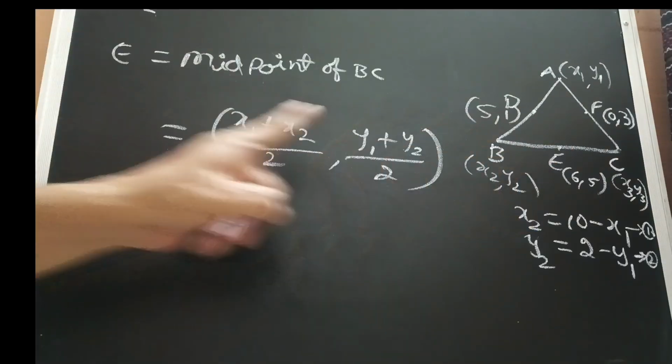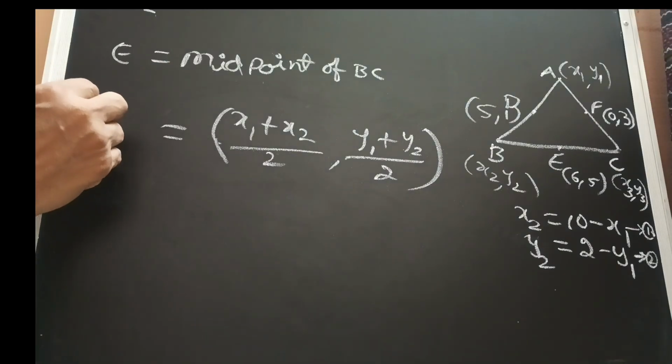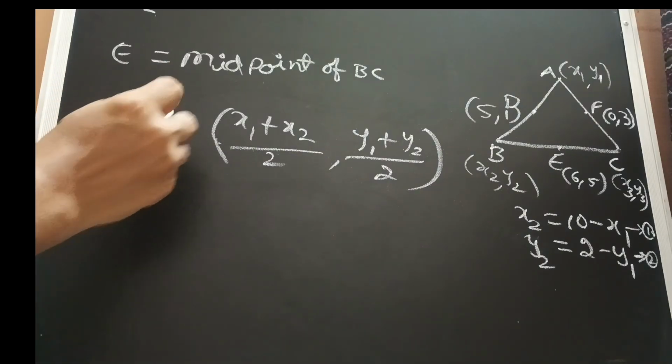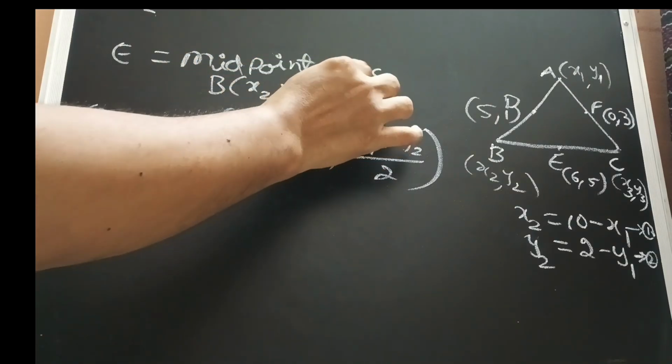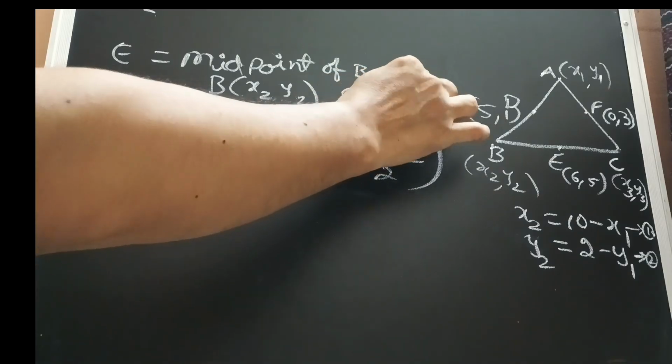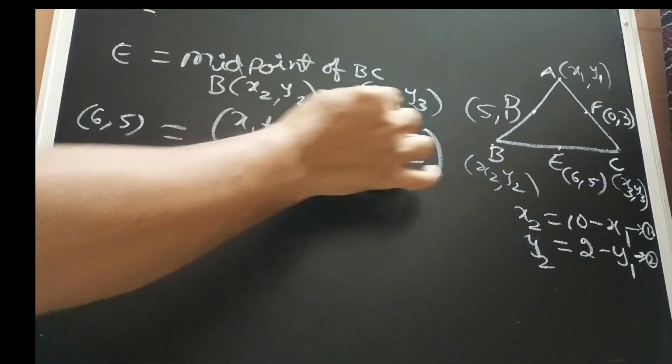The midpoint of BC: E is (6, 5), B is (x2, y2) and C is (x3, y3). Substitute in the formula.